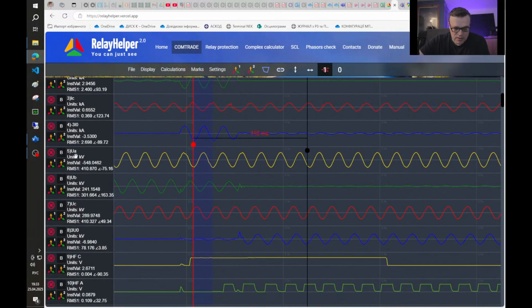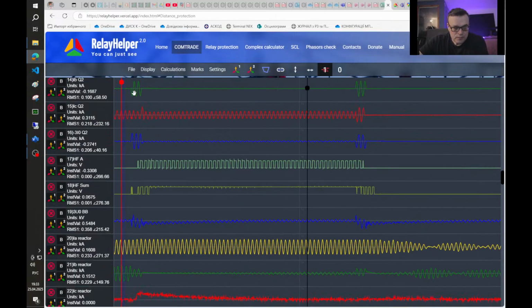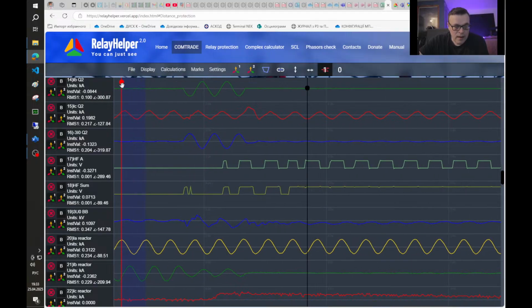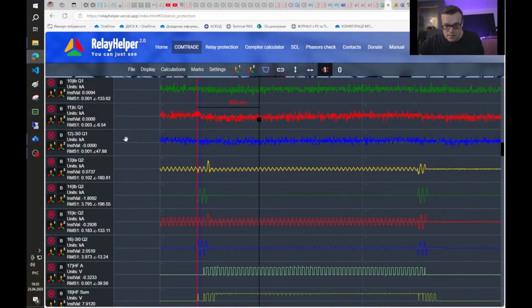Trip signal asserts, and I want to show the overall tripping time. From that side it is about 61 milliseconds, and I believe here it's a little bit faster. Yes, 52 milliseconds. And this current shows the pause of the single phase auto-reclosing.